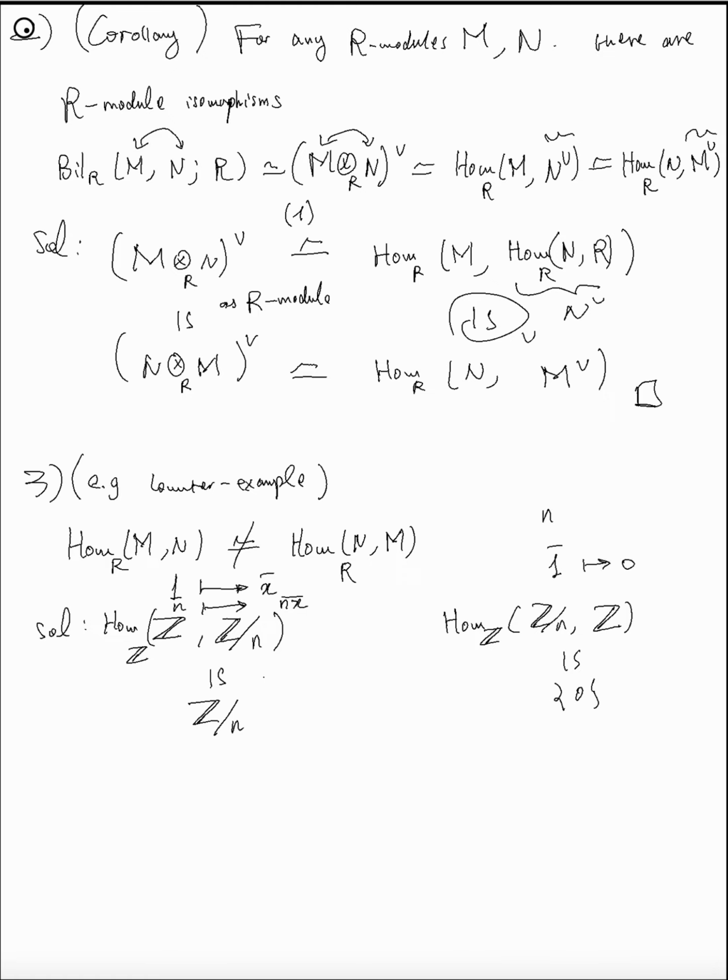You have to make sure N times 1 bar, which is 0 bar, has to map to 0. But whatever this is, this means N times this must be 0, but this is a domain, so this is 0. So they're not isomorphic. Okay.